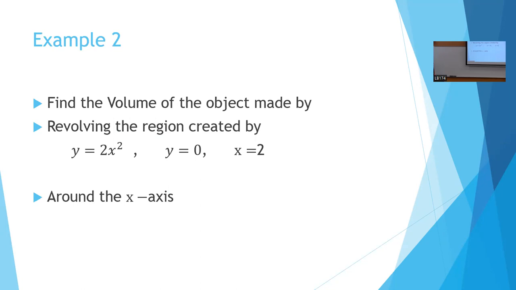Find the volume of the object made by revolving the region created by y equals x squared, y equals 0, and x equals 2 around the x-axis. So the first thing I'm going to do is look at the region. Y equals x squared is a parabola.